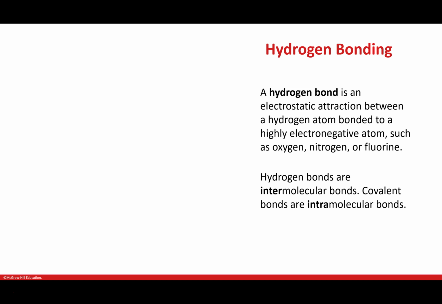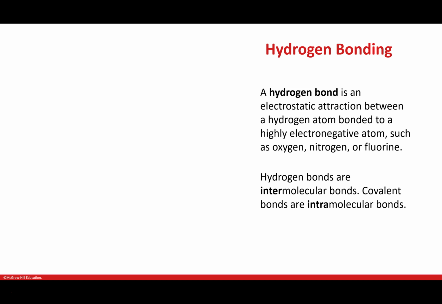I'm going to erase this because it's pretty busy. All it means is if we saddle up another water molecule, here's my other water molecule. This would be partially negative, partially positive, partially positive.